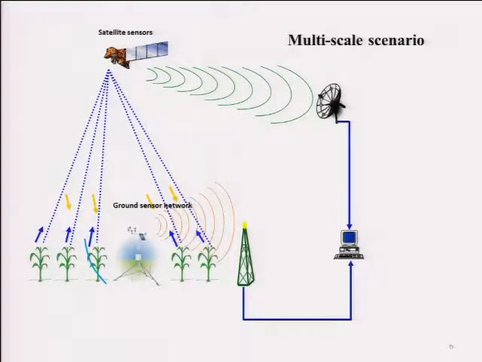You have to combine data from satellites, where one pixel may cover large amounts of land, say 100 by 100 kilometers or 10 by 10 kilometers, and it has to be combined with ground sensor data. Again, you also did your work, James, combining some ground sensors and gauges together with some satellite data. So how do we work with that?